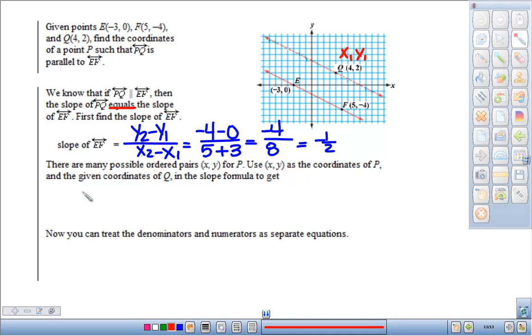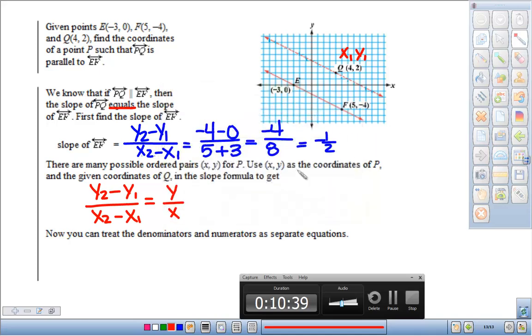So if our slope formula is y2 minus y1 over x2 minus x1, this equals my slope. The slope is the rise over the run, the change in y over the change in x. Now I'm going to plug some numbers in here. I'm going to completely rewrite this.